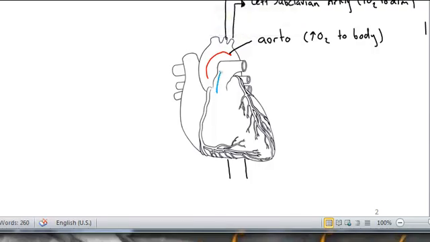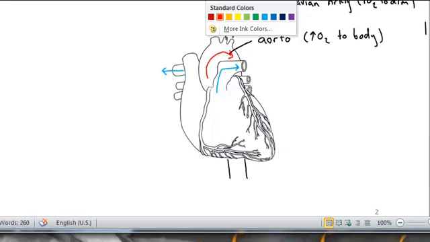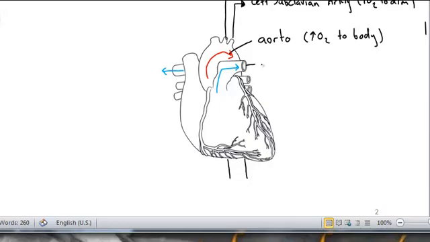Now coming up and out of here is your left pulmonary artery, which is low O2 blood going to lungs.